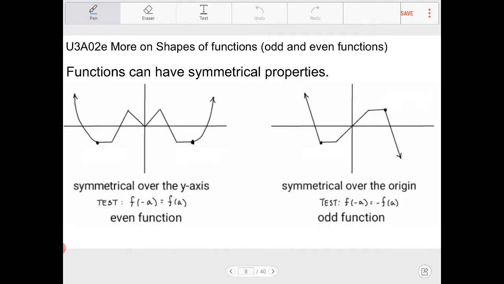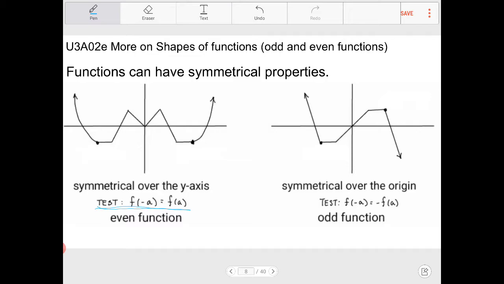There's actually a way for us to algebraically test whether or not a function is even or odd, whether or not it is symmetrical over the y-axis or whether or not it is symmetrical over the origin. And the way in which we test is given by this relationship here. And what is meant by this?